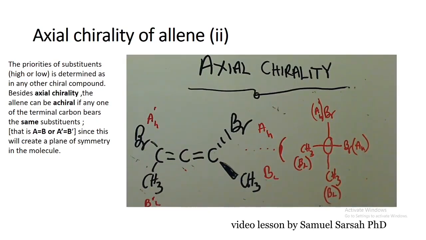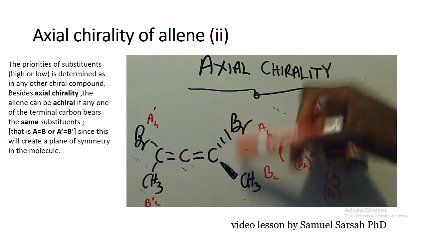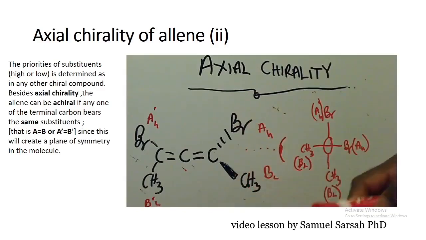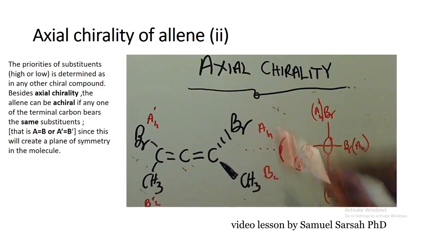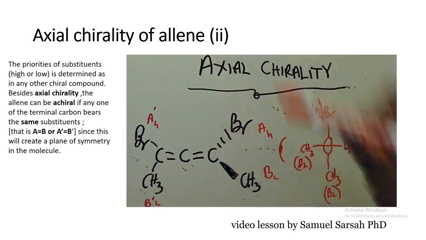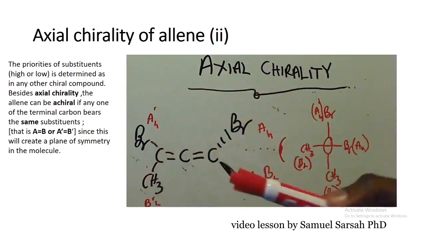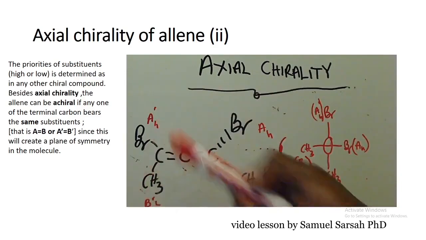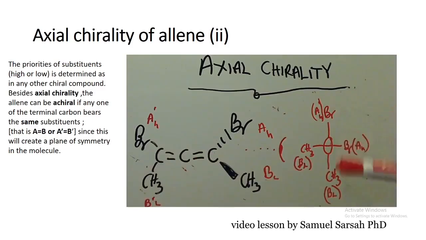Okay, so since I started looking at this bromine and methyl group first, and these are in the equatorial left and right, I have to start with these groups first. And over here, the methyl group is my lowest priority, so I need to look at that. And then after that, I need to look at the other group. I have bromine and methyl group on the other group. The bromine is the highest priority in the group.